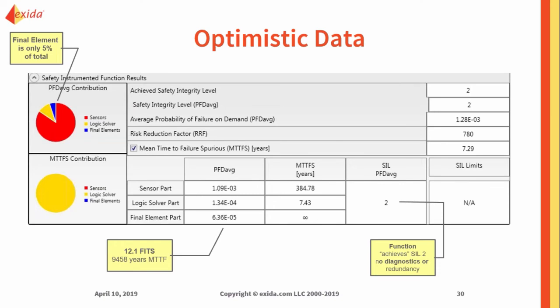And typically in industry, we see the simple mechanical devices, those final elements, taking up more than half, usually 70% of the PFD average. So it's funny that this SIF is saying actually the sensors are the ones with the least reliability. The sensors are going to give you an issue.